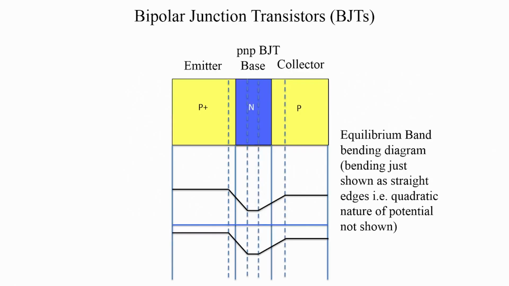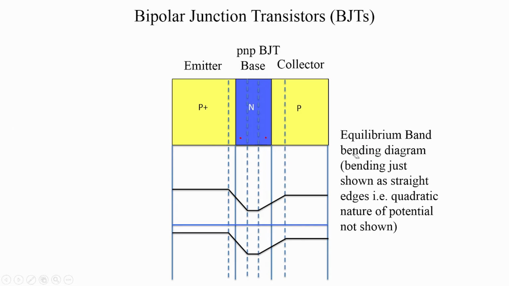Now let us talk about something more familiar, which is to draw the band bending diagram. Here you have a PN junction and another NP junction. What is the equilibrium band bending diagram for this?